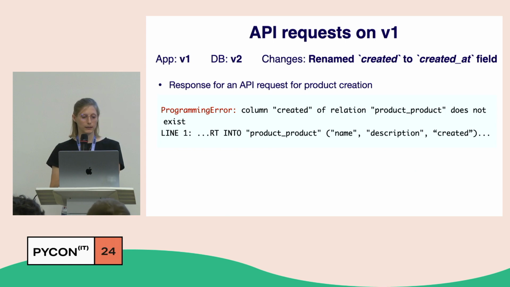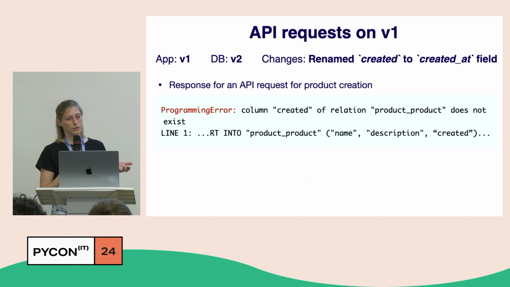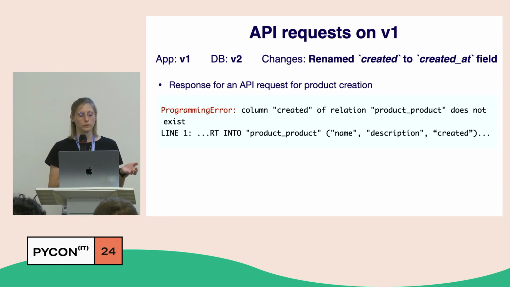So as we can expect, when the API request for product creation is called, we receive an error. And the error message indicates that column created does not exist on the product table. And this is accurate because we renamed this column, and in the database there's only the created_at column at this moment.